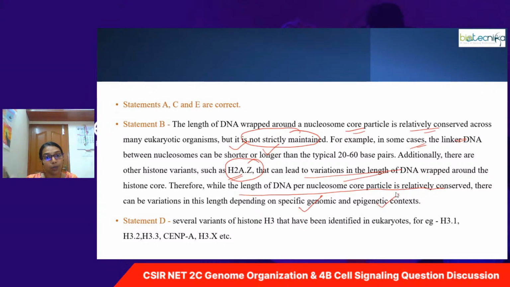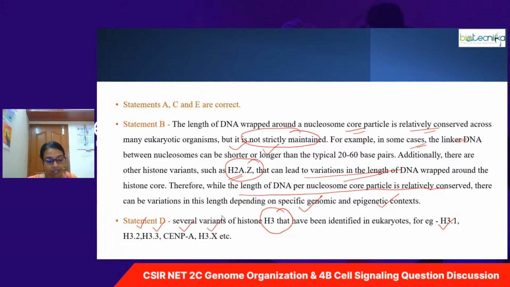That means based upon the organism, based upon the number of base pairs present in the linker DNA, and second, the presence of histone variants. And why is statement D incorrect? Because we have variants of histone 3 available in eukaryotes in the form of H3.1, H3.2, H3.3, CENP-A, and H3X.